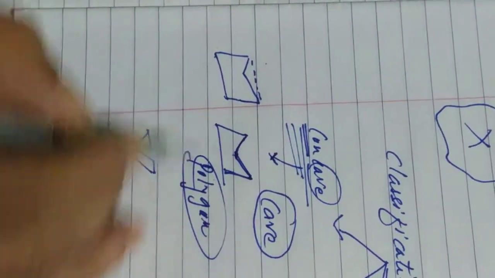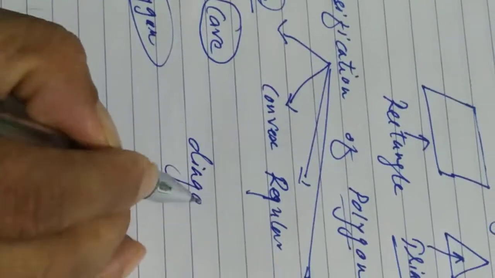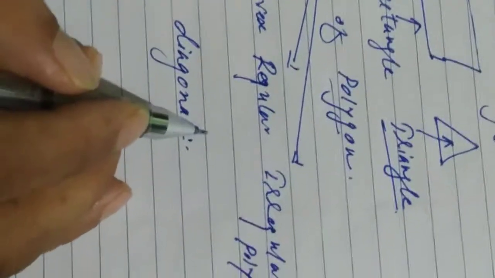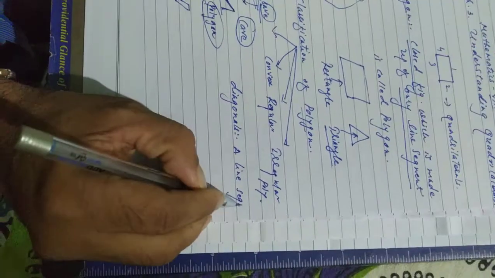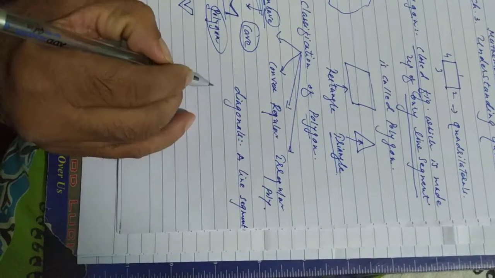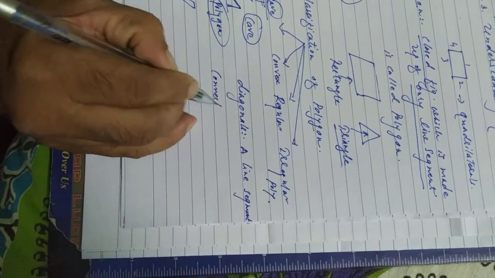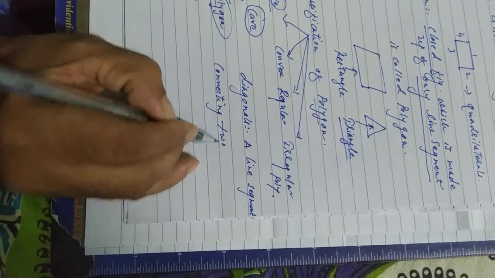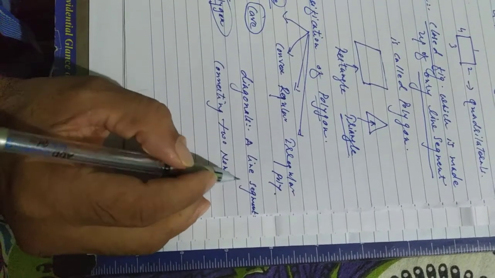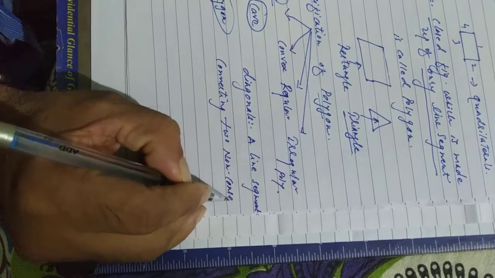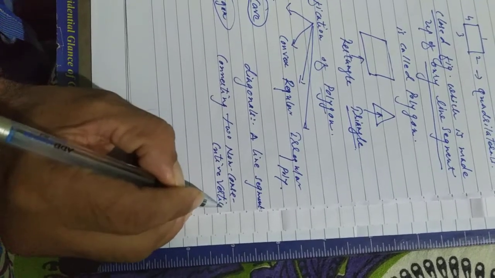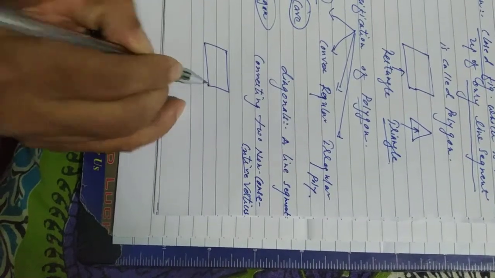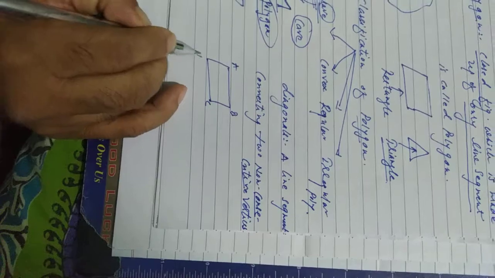See, its diagonal. Do you know what you mean by diagonal? A line segment connecting two non-consecutive vertices. Do you know what you mean by consecutive? Suppose in the figure there are A, B, C, D, 4 different points.